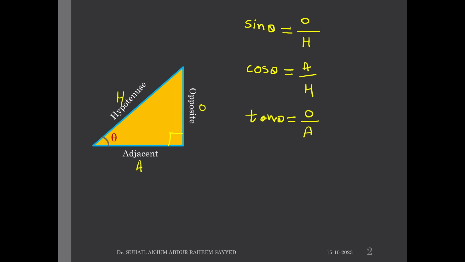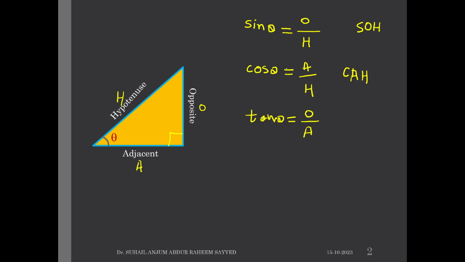The easy way to remember these three ratios is so. Sine of theta is opposite divided by hypotenuse, so it is called SOH. Then cos of theta is adjacent divided by hypotenuse, so it can be remembered like this, CAH.